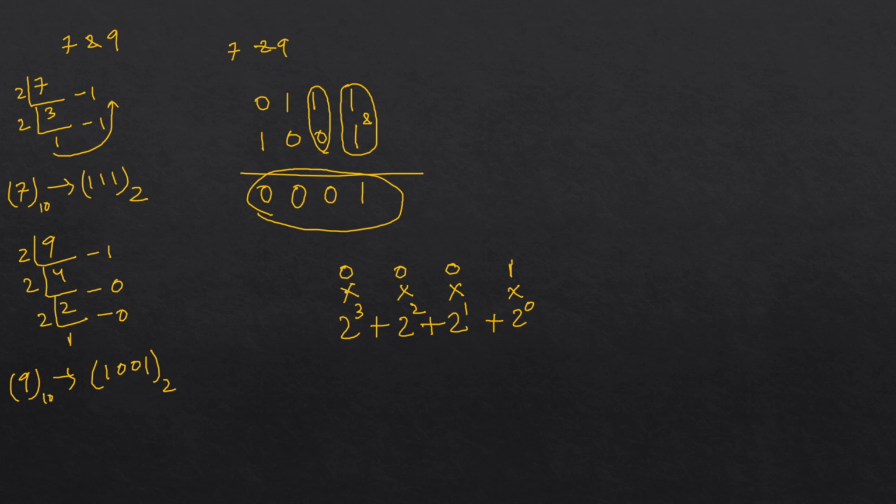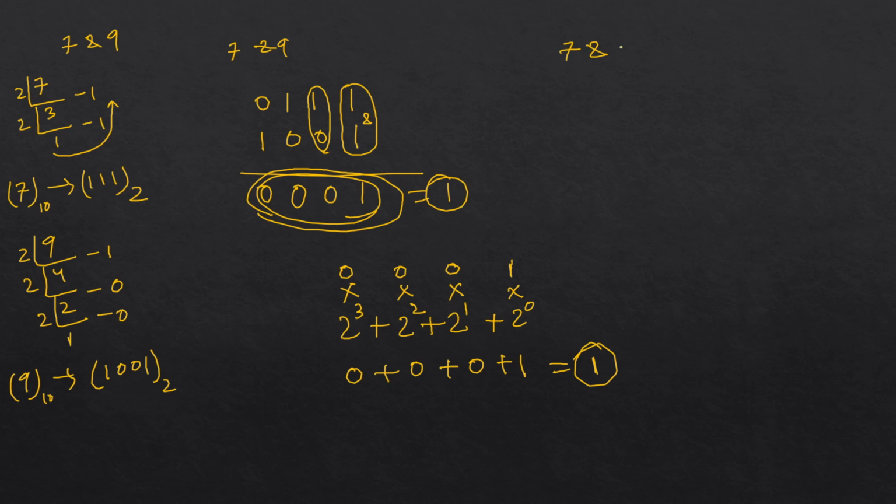So 0 into 2 to the power 3 gives 0, plus 0 into 2 to the power 2 gives 0, plus 0 into 2 to the power 1 gives 0, and 1 into 2 to the power 0, which is 1, gives 1. So when we perform 7 bitwise AND with 9, we will get the result as 1.